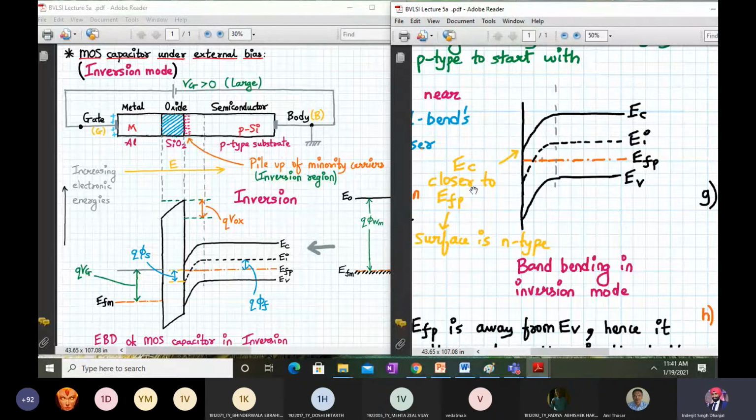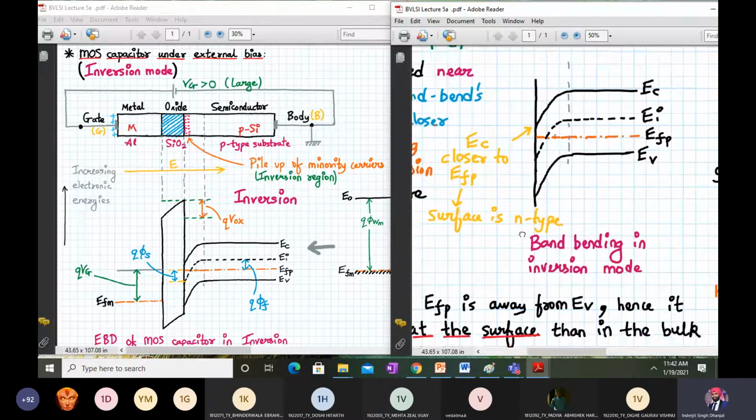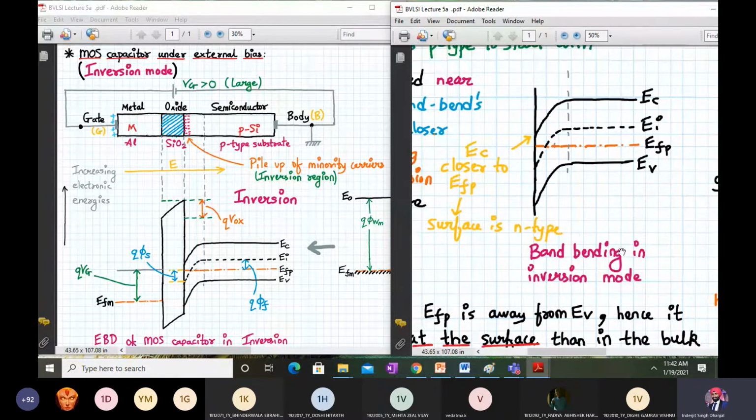Okay, whereas we already had a P-type material only. So that means within the P-type material we have created an N layer. Okay, so that is what is indicated by this. So we can say we have inverted the surface. We have started with a P-type silicon substrate, and now near the SiO2 interface, we have created an N-type surface. Okay. So that is what is happening over here, and this is the band bending in the inversion mode.